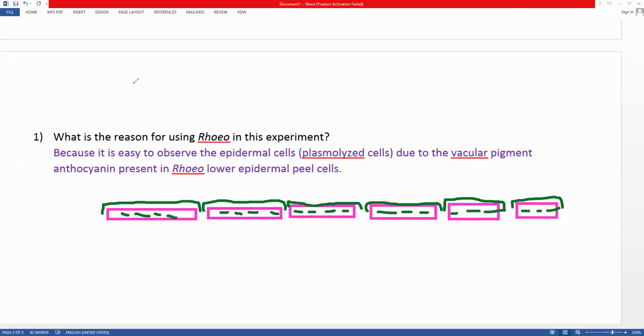Right. My second question was, what is the reason for closing the lids of the Petri dishes? Can anyone tell what's the reason for closing?